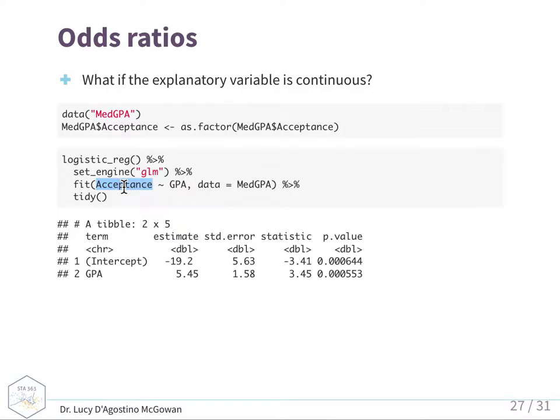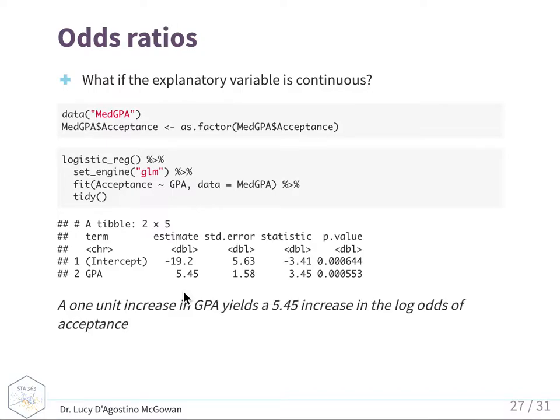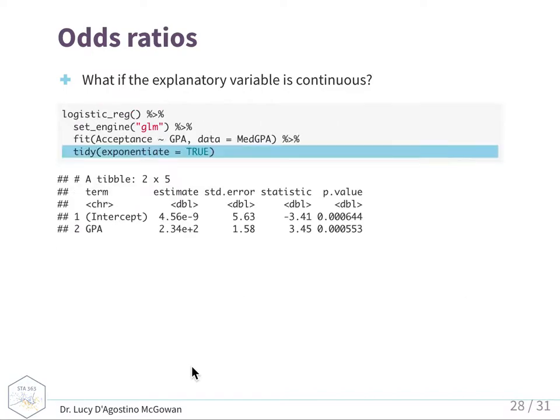I'm going to fit this model where acceptance is my outcome and GPA, which is a continuous variable, is my X variable. I end up with 5.45 as my coefficient. So a 1 unit increase in GPA yields a 5.45 increase in the log odds of acceptance. That's how we would interpret this on the log odds scale.